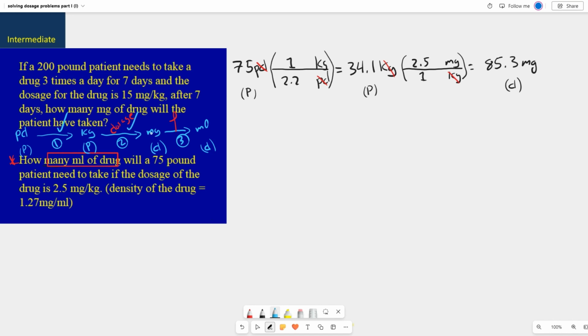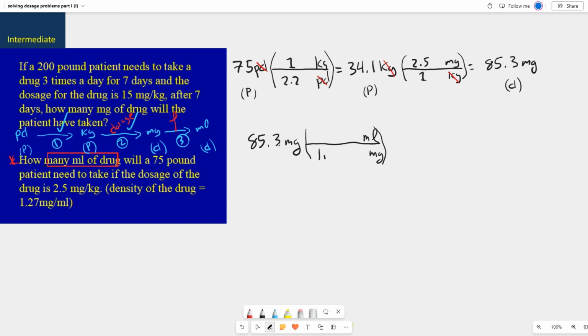Now the third step is we need to use the density of the drug to convert from mass of drug to volume of drug. So we have 85.3 milligrams of drug. Put milligrams on the bottom so it cancels out, milliliters on the top because that's what we want to end up with.